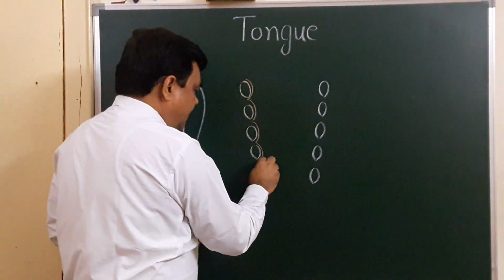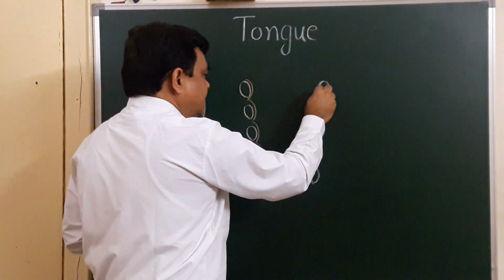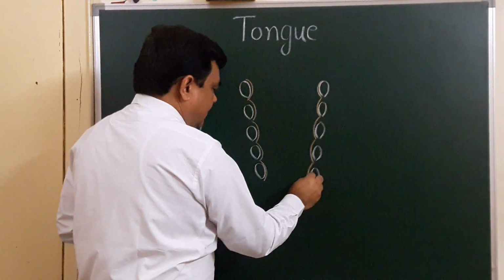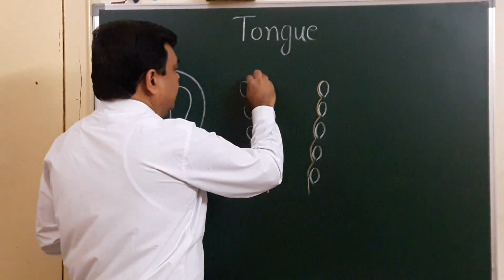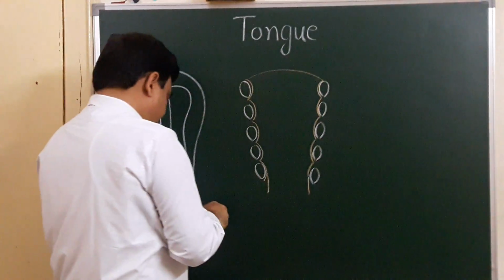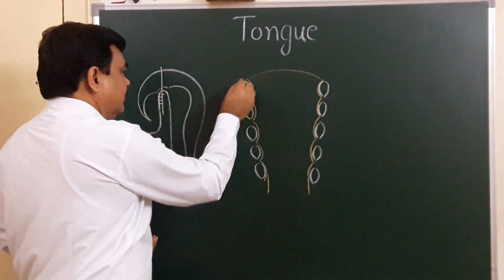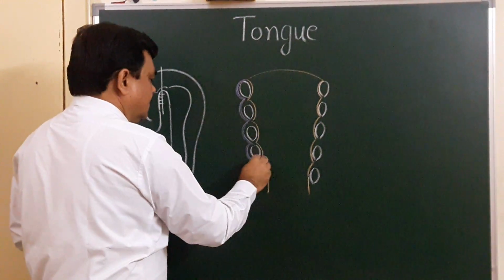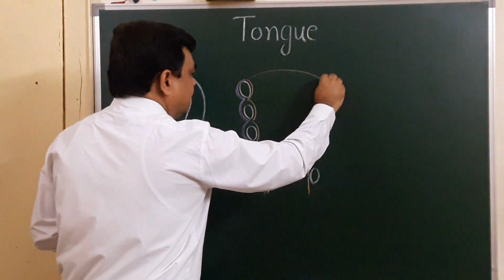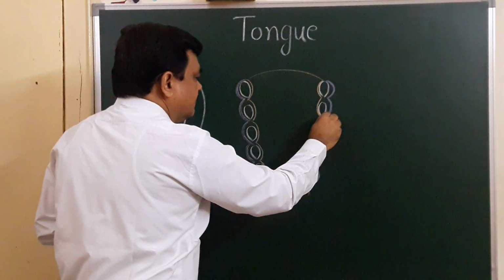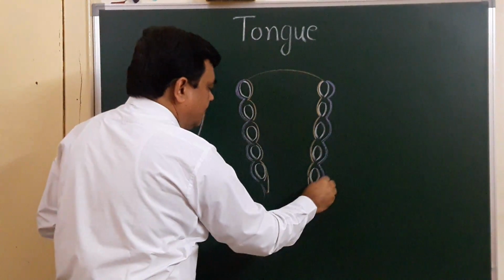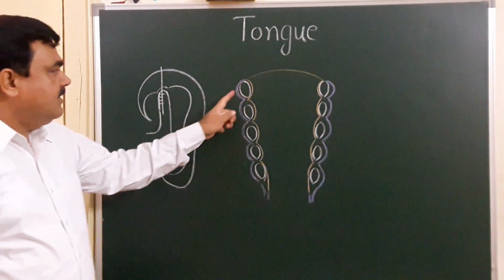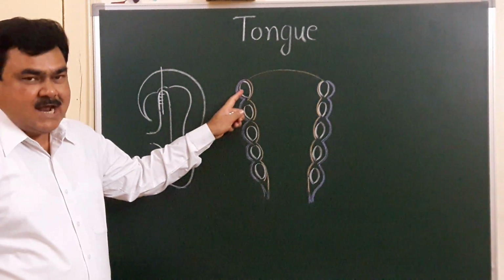This is the endodermal lining, which covers from inside. This is ectoderm. This series of thickenings forms the pharyngeal arches or branchial arches.